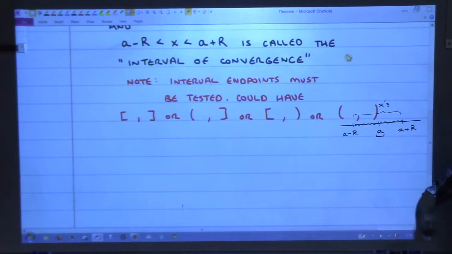So we're going to do a problem now. We did something similar at the end of class last time, where we had to check the endpoints. But now we have two new definitions here, radius of convergence and interval of convergence. We're going to work through an example.